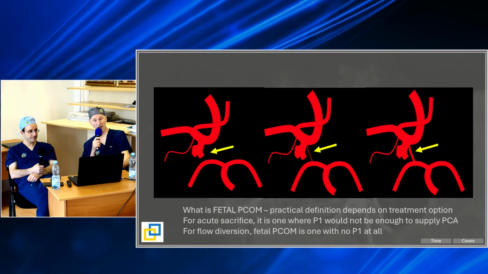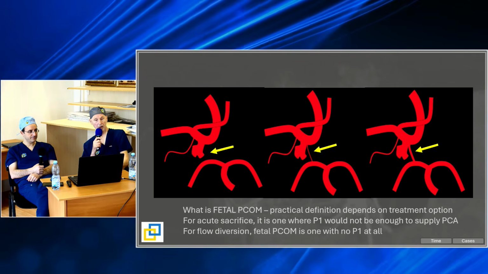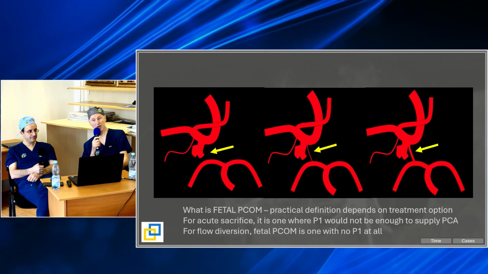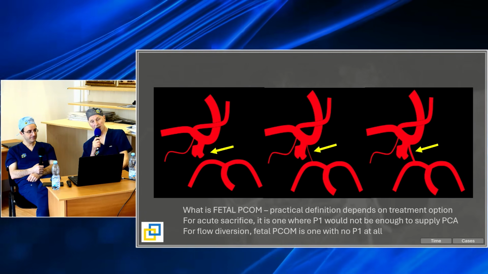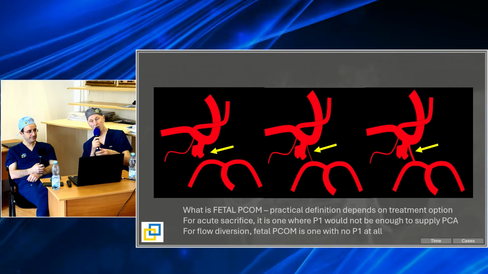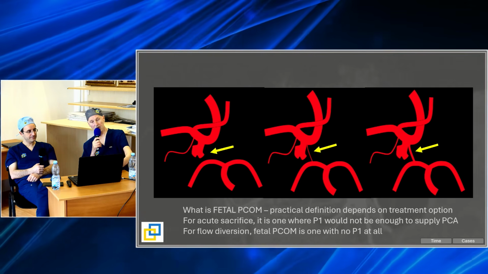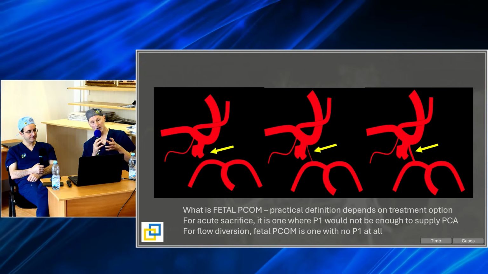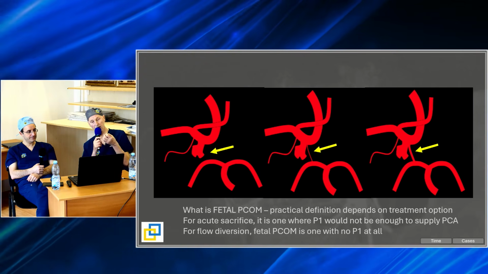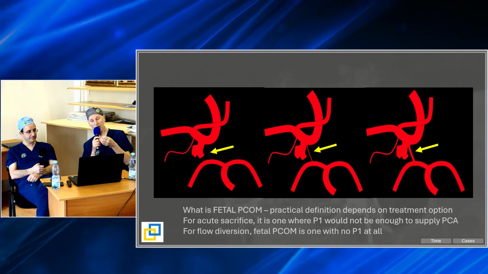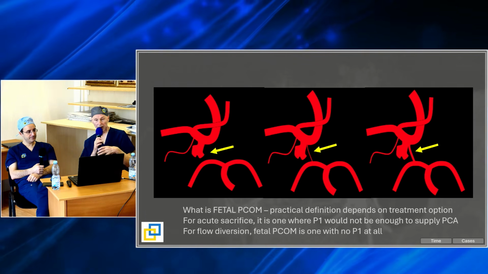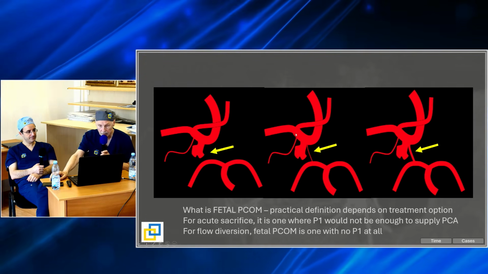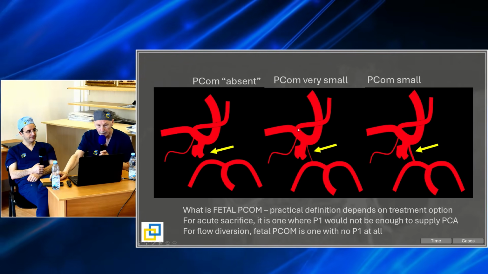Sometimes you have an atretic P1, sometimes it's hypoplastic, sometimes it's dominant. Recognizing that and understanding what the potential is, and knowing that over periods of time you can safely rearrange the circulation as long as there's some fundamental embryologic vessel to work with, can inform you on a strategy to change an aneurysm.